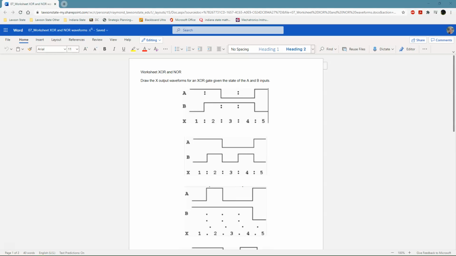I'm not quite sure I know what you mean, but what you're looking for with an exclusive OR gate is for two signals to be the same. That means you're going to get no signal. So it'd be like two people trying to talk over each other. If two people are trying to talk over each other, they're not going to get any input or output from each other, right?